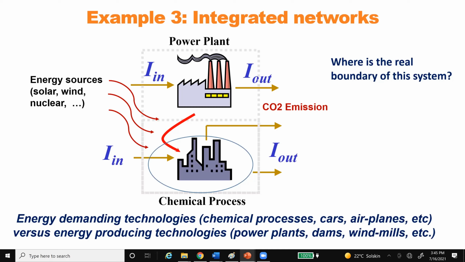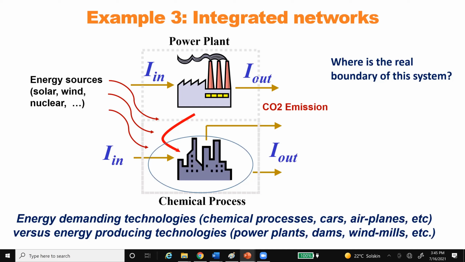And we can also talk about classifying these kinds of processes. The chemical process is an energy demanding technology. We need energy to run that chemical process, just as we need energy to run cars, airplanes, etc. And then there are energy producing technologies like power plants, dams, windmills, etc. They produce the energy that we need.